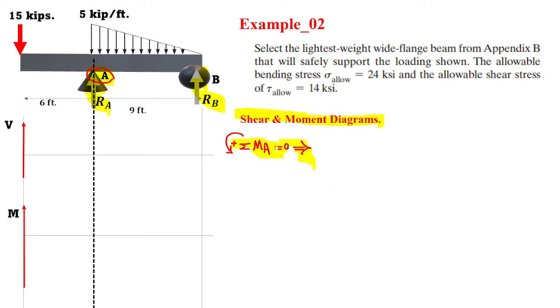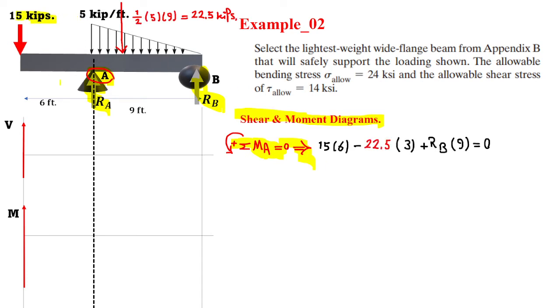Like it says, 15 kilopounds times 6, counterclockwise, which is a positive direction, minus, if you just convert the distributed load to a concentrated load, that's the area under loading, and that's 22.5 kilopounds, and make it negative because that's clockwise, the moment times distance, which is 1/3 from base.